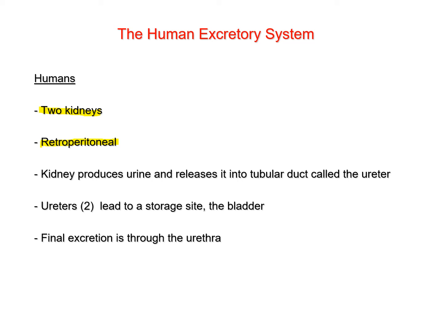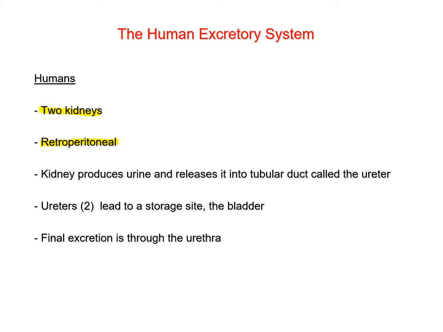There is a parietal membrane around the body cavity, and around the organs in the peritoneal cavity, there's a visceral membrane. So you have a parietal peritoneum and a visceral peritoneum.